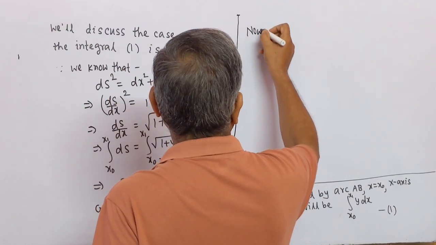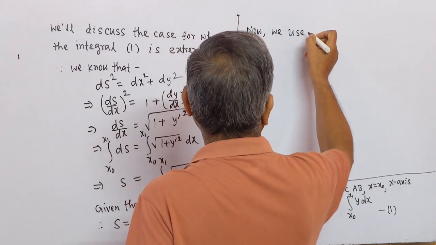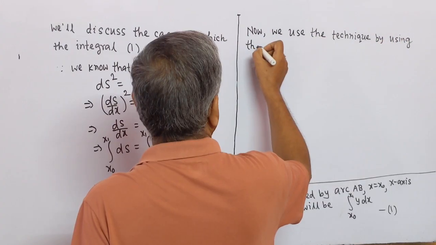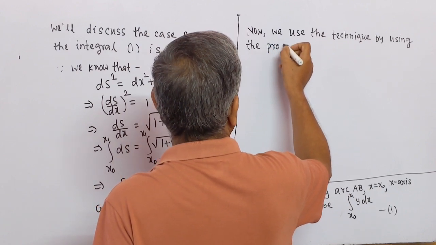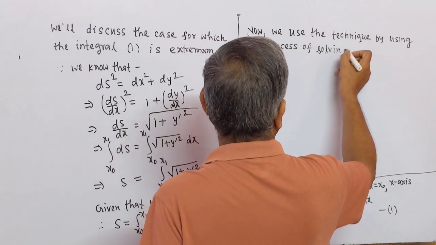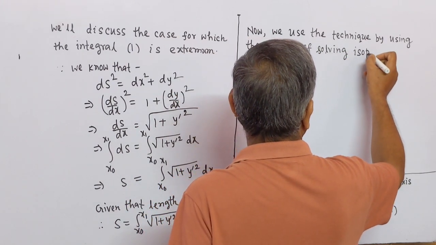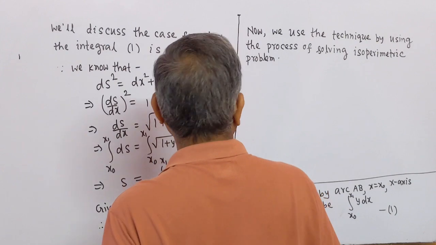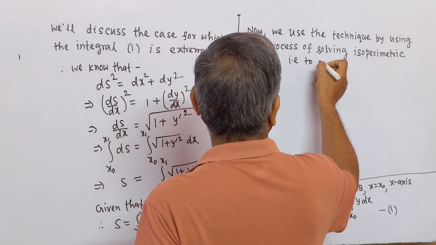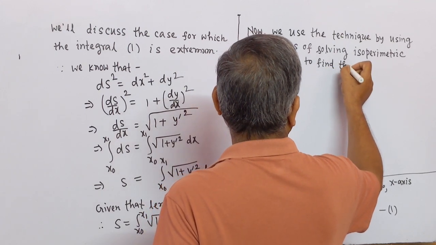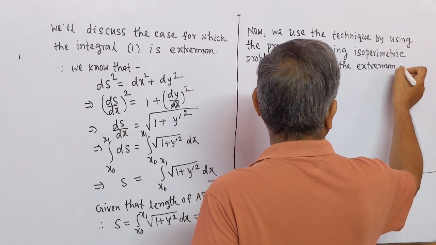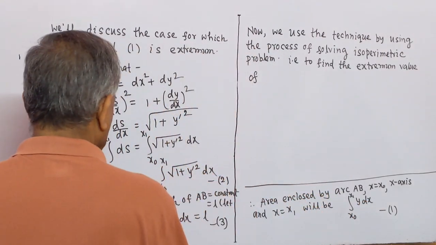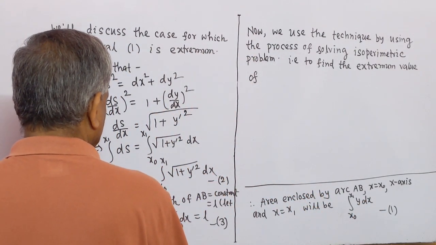Now, we use the technique, the process of solving isoperimetric problem, that is to find the extremum value of, here we have y dx, here square root 1 plus y prime square dx.